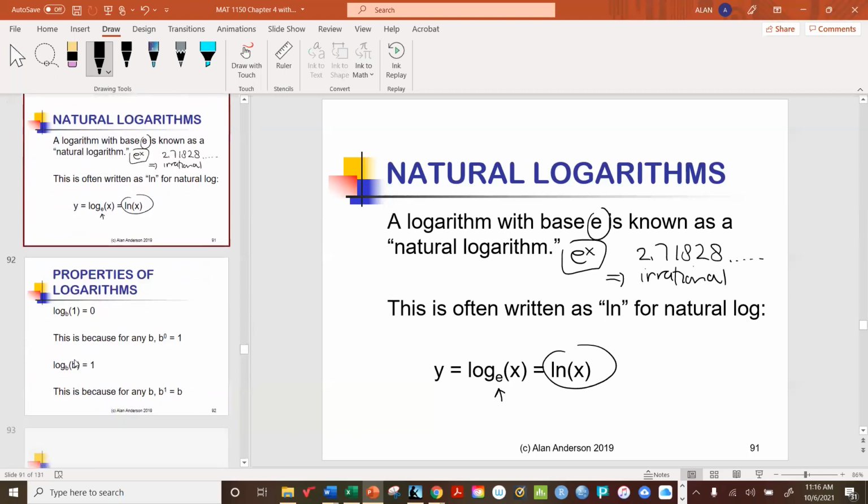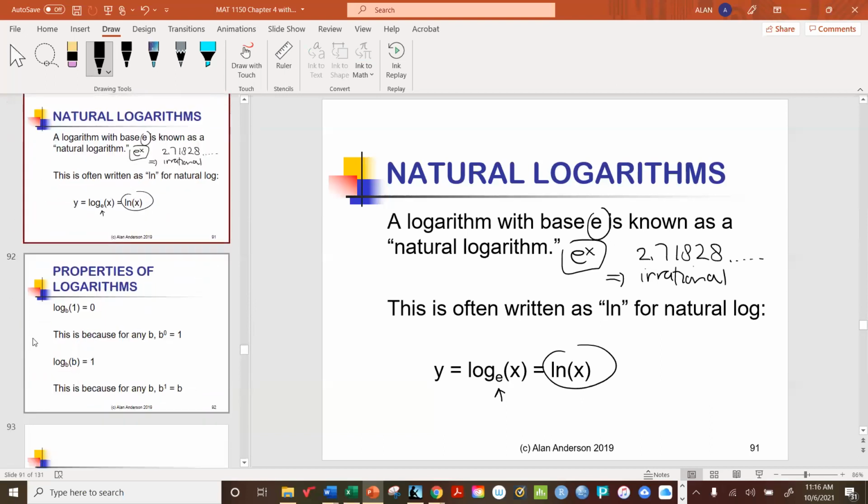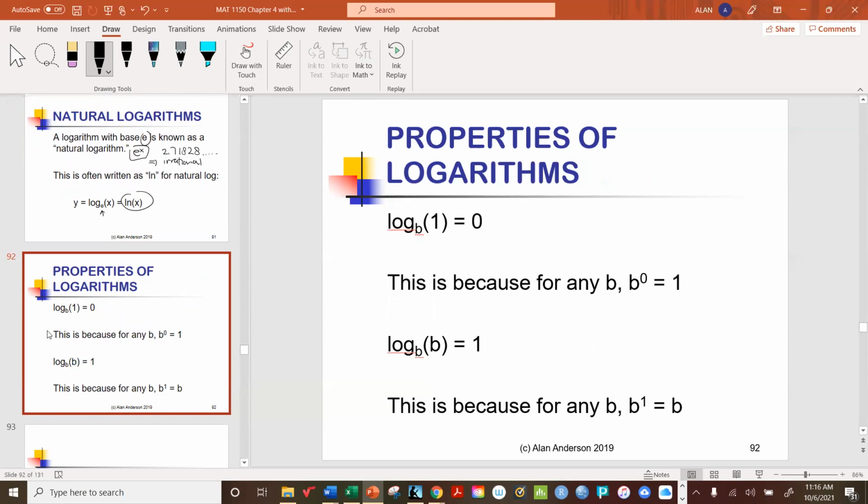All right, now here's what we're really interested in. Here's some very basic properties that we need to know. First of all, like I started to say before, the log to any base of 1 is 0. And that's because for any b, when you raise that to the 0 power, you just get 1. Okay, and then similarly, I might as well throw in some examples here.